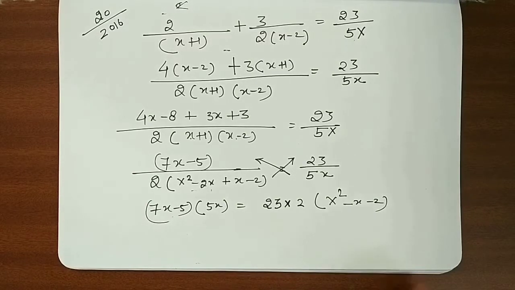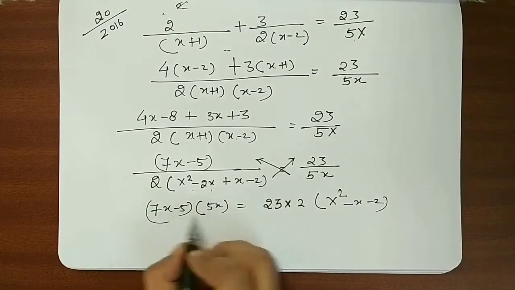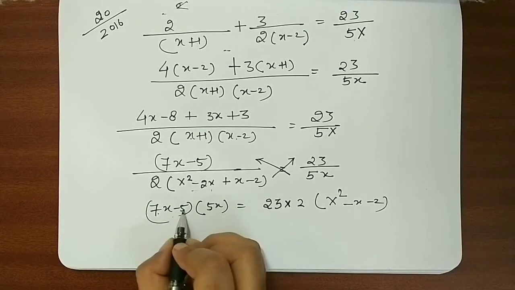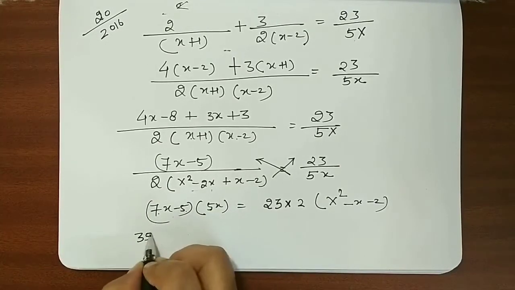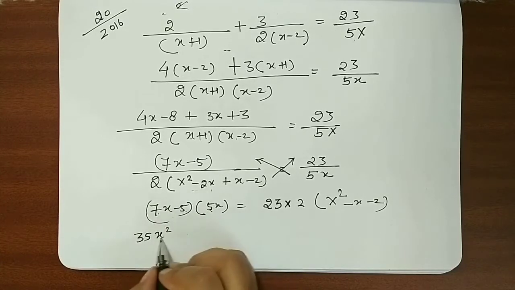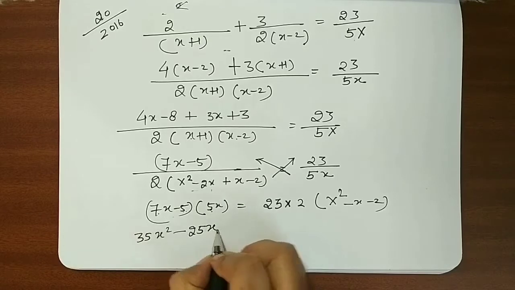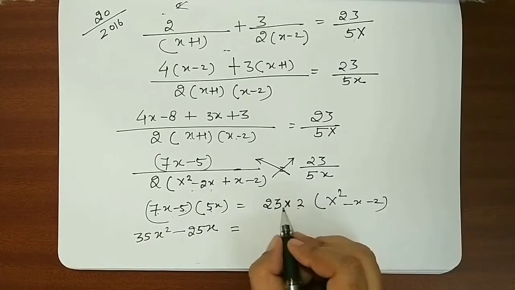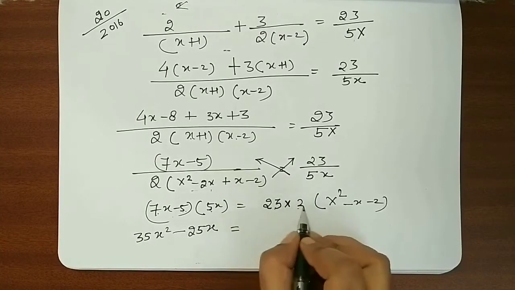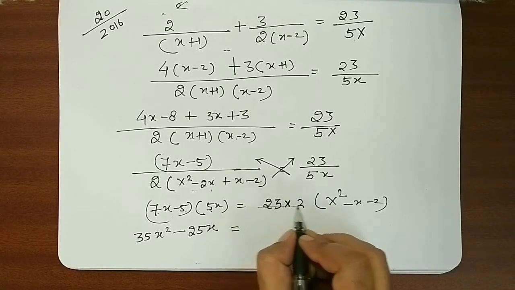Now how to simplify it further? Let me multiply 5x with these two both. So this will be 35x square because 7 5s are 35x square, minus 25x is equal to, this is 46, right? 23 into 2 is 46.